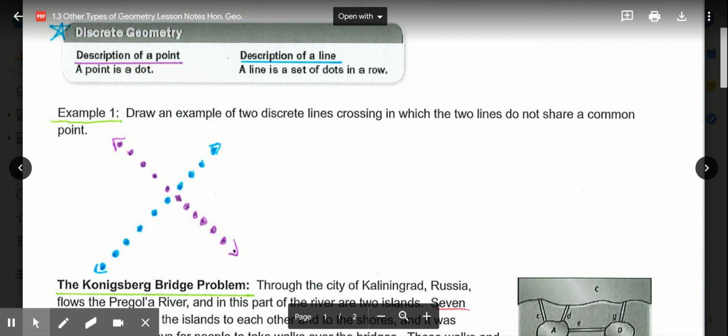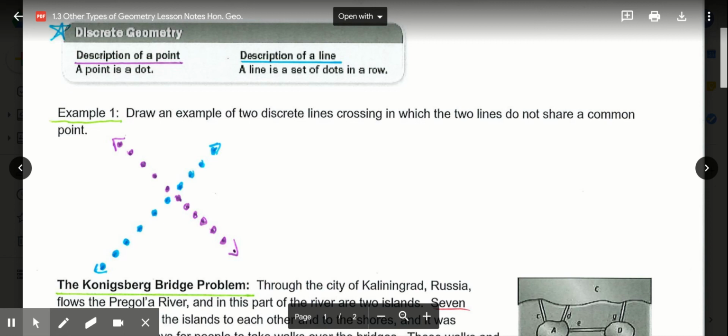It's discrete geometry. Now, you don't have to put arrows at the end of your lines. The reason I put arrows at the end here is because you could extend this as far as you want, or you could make this end wherever you wanted along this row. Same thing with the purple line.